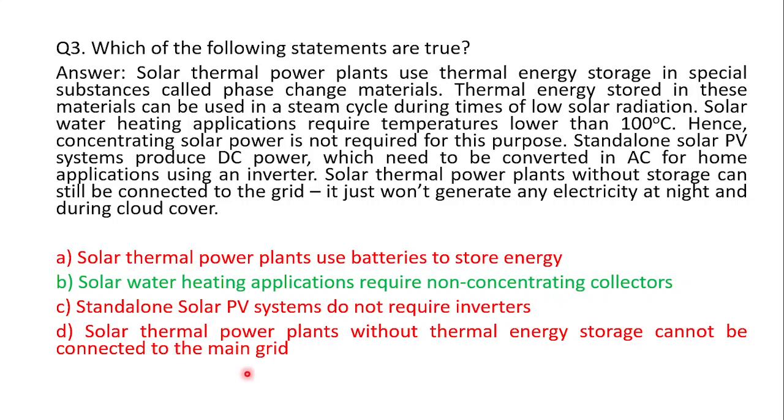Okay. Then the third is: solar thermal power plants without thermal energy storage cannot be connected to the main grid, which is also false, because if you don't have thermal energy storage, you can still connect it to the grid, except that it won't generate after maybe 5 or 5:30 p.m., whenever the sun goes down.